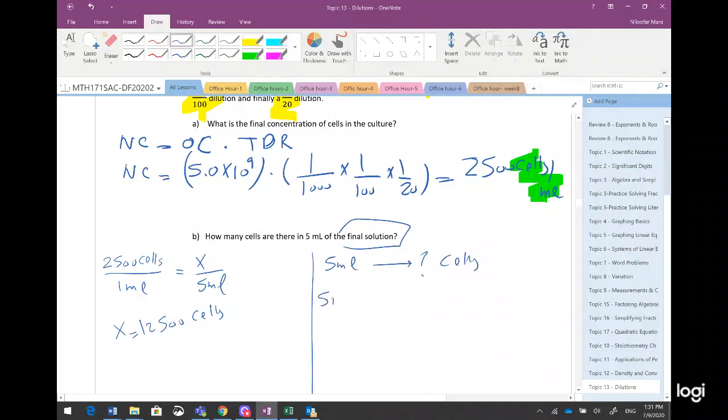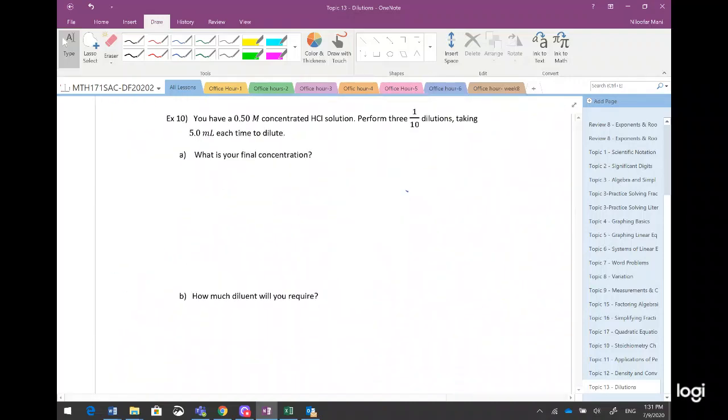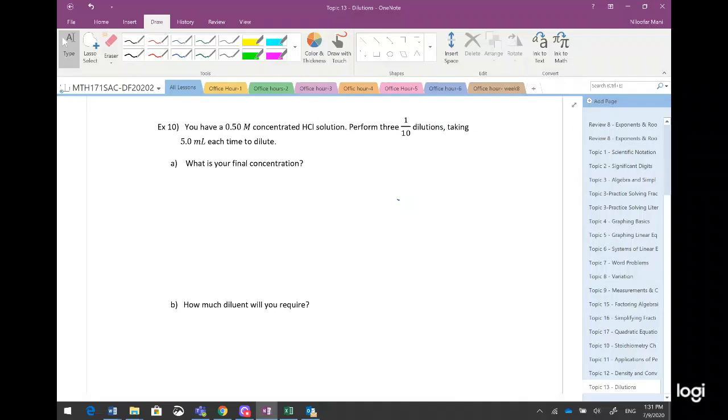So 5 milliliters, I want to cancel milliliter and bring in cells, so it is milliliter down, 2,500 cells up. Cancel this, and the answer is 12,500 cells. They're the same, with proportion and conversion. Okay, so the next question.